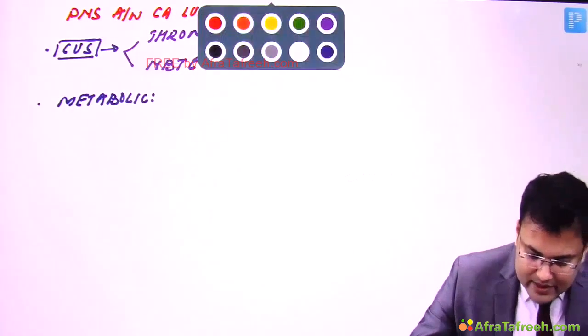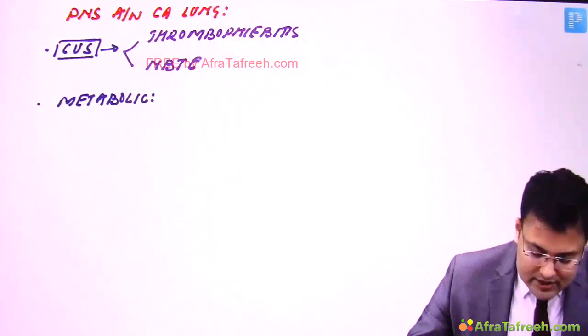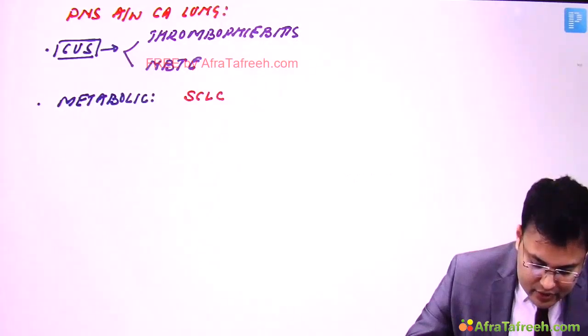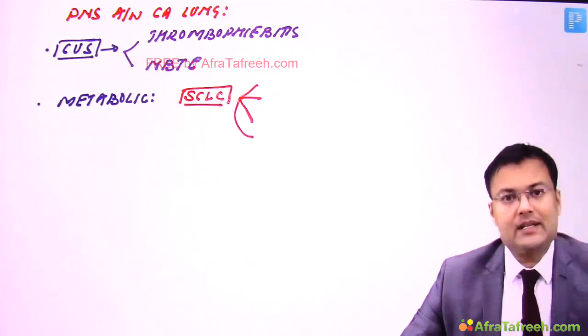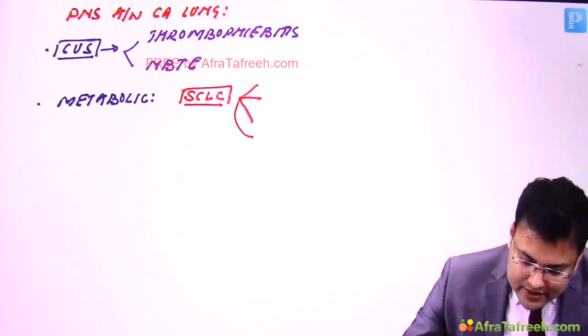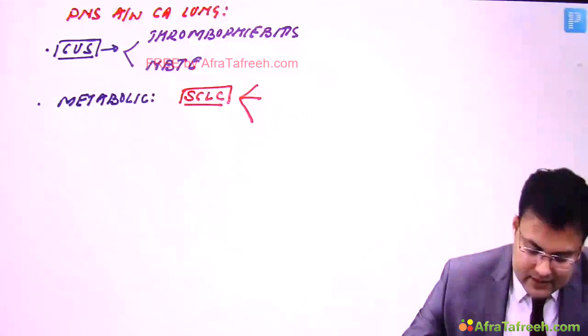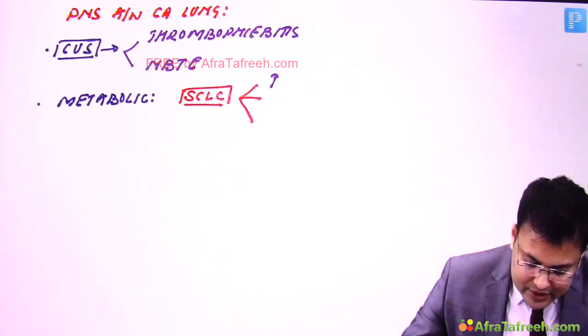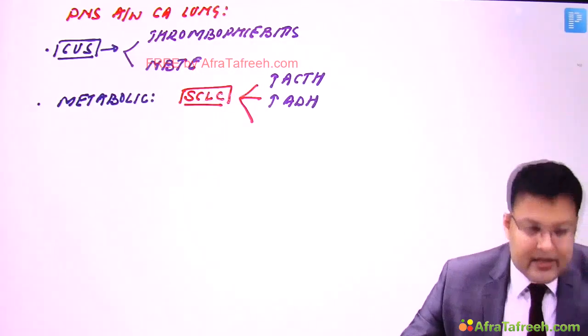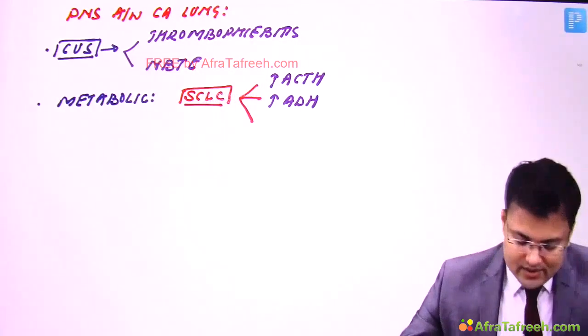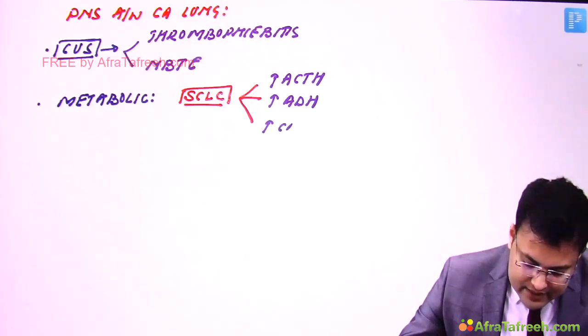Okay. Now imagine we are discussing small cell lung cancer. So in small cell lung cancer, there is secretion of which substances? There is increased secretion of ACTH. Clear? There is increased secretion of antidiuretic hormone ADH and increased secretion of calcitonin.